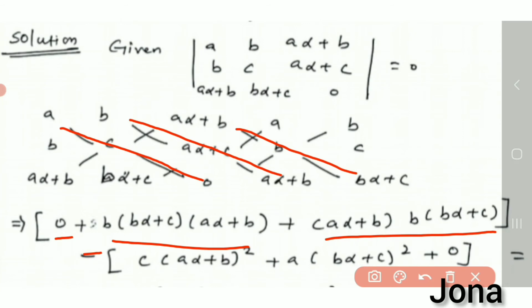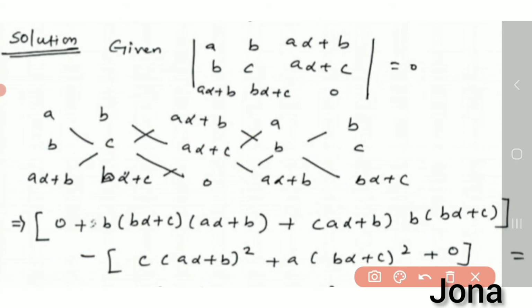Again on the other side we multiply B into 0, that is 0, and then A into A alpha plus C into B alpha plus C, B alpha plus C into B alpha plus C. And then A alpha plus B into C into A alpha plus B, that's nothing but A alpha plus B the whole square.